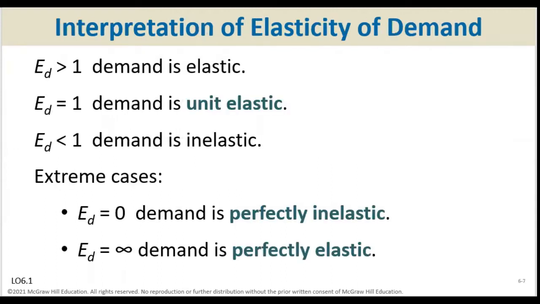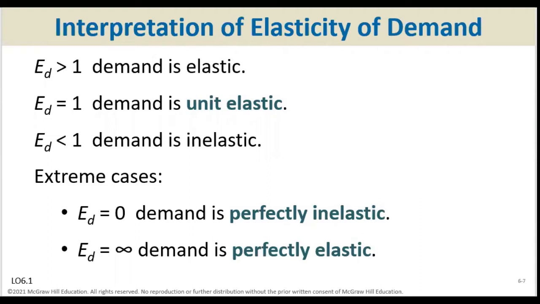So now that you have calculated the coefficient, what do you do with it? How do you know if the demand is elastic versus inelastic? You compare it to 1. If E_D is greater than 1, you conclude that the demand is elastic. If E_D is equal to 1, the demand is said to be unit elastic.